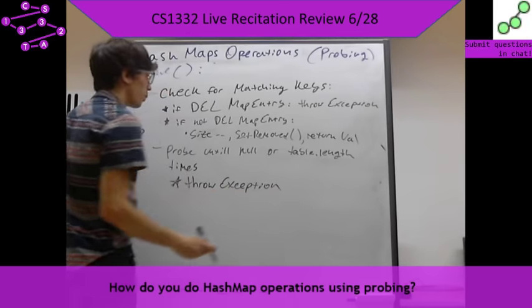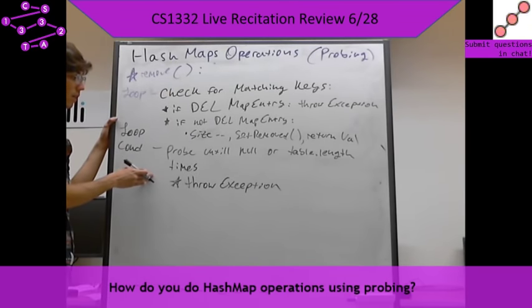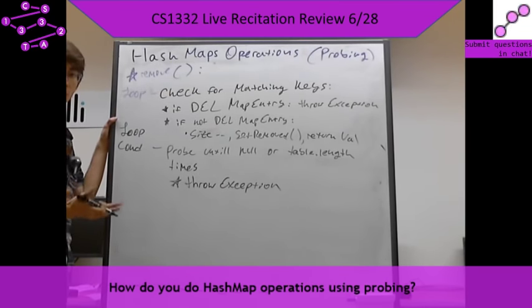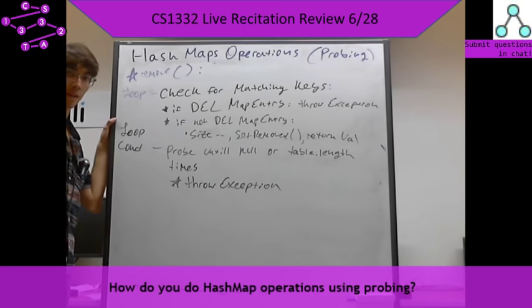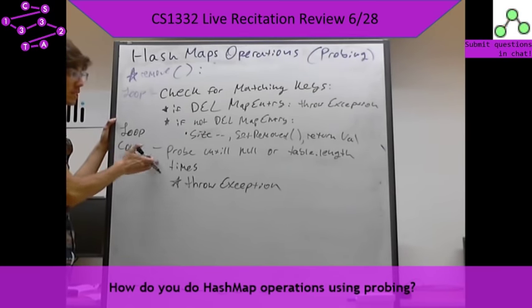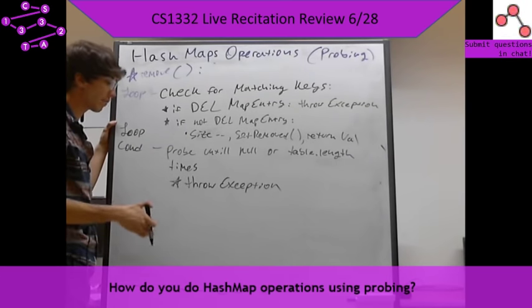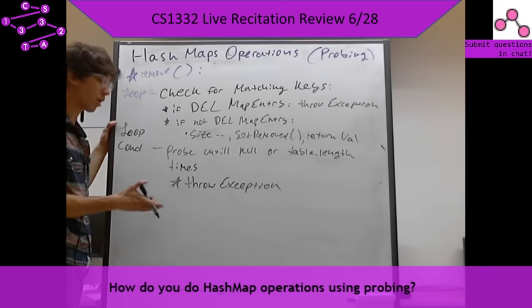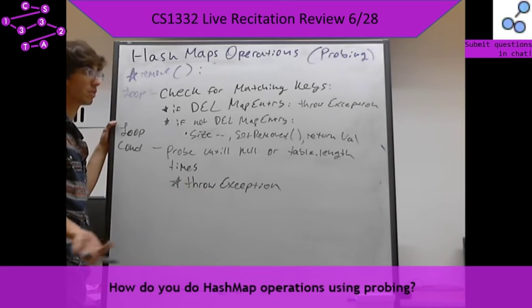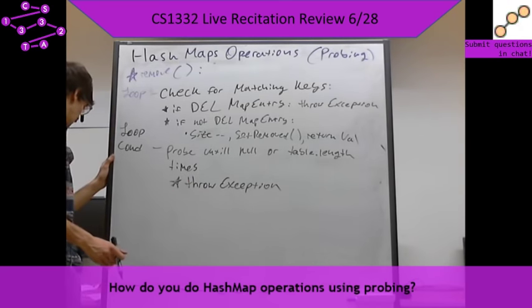Because in put, if you get through this condition, it means that now you're ready to put something in because you did not find it in the hash map. In remove, hitting this condition means that you haven't found it in the hash map, and in that case, we handle that by throwing an exception, specifically a no such element exception.